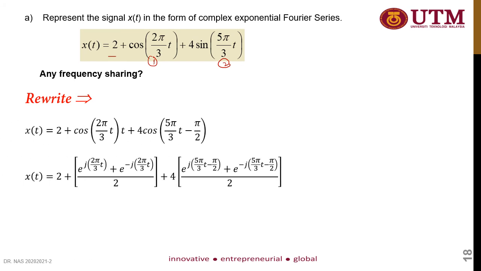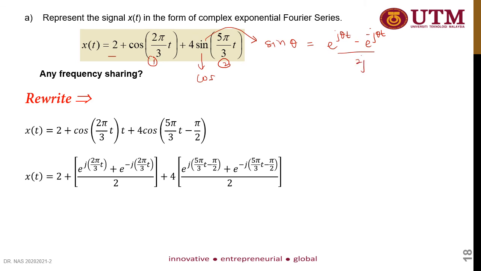So I will advise you to convert the sine function into cosine function. So it will be much easier to process later on. Or else you can also convert the sine function straight away into exponential form by using the Euler's theorem, in which for sine function, for example, sine theta is equal to e^(j theta) minus e^(-j theta) divided by 2j.